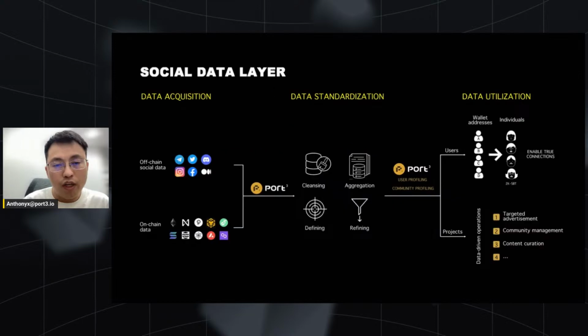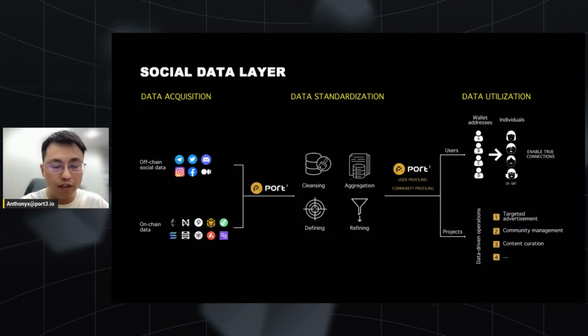And how do we build a social data layer? I think there are 3 steps. First is data acquisition, second is making the data standardized, and finally we utilize that data for Web3 use cases. First, we must acquire a lot of data from off-chain and on-chain.